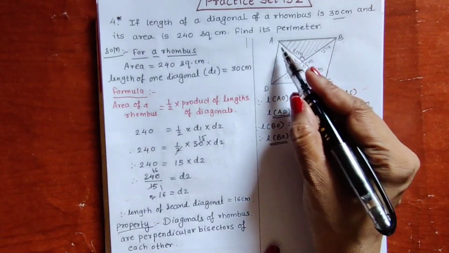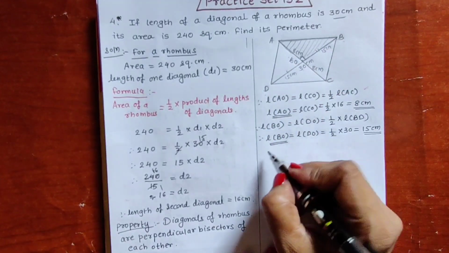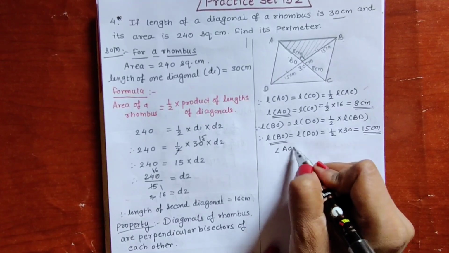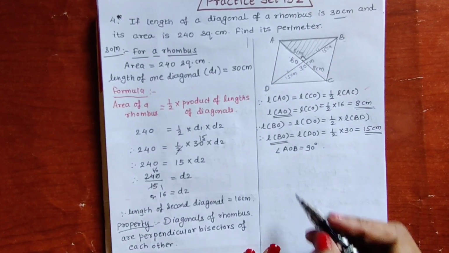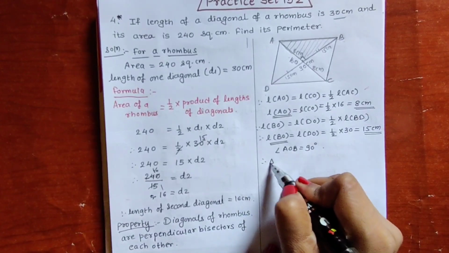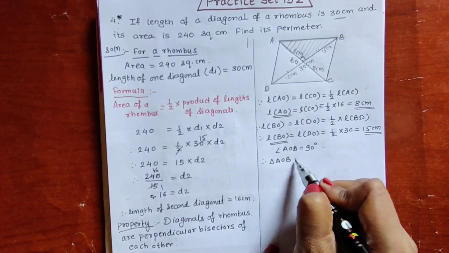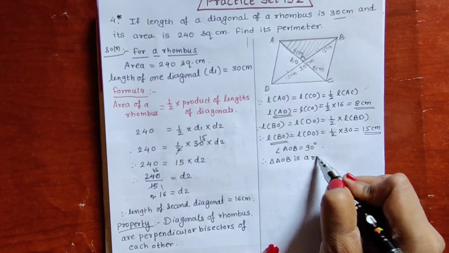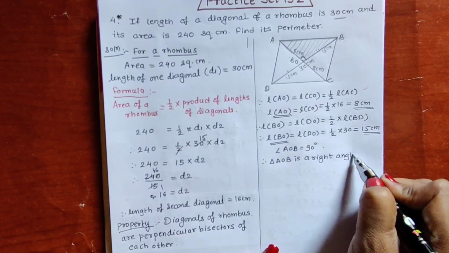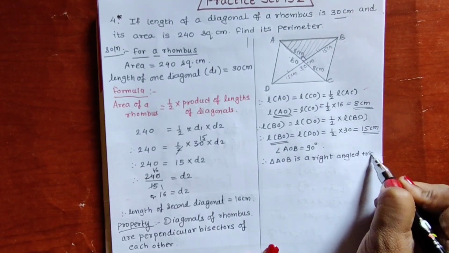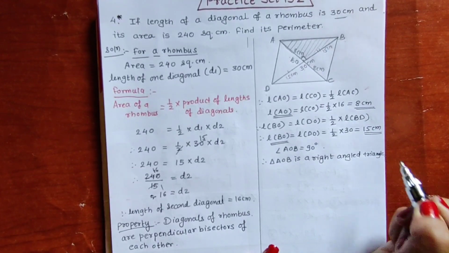Now let us apply this right angle property. Angle AOB is equal to 90 degrees, and therefore triangle AOB is a right angled triangle. So now we will be applying Pythagoras.